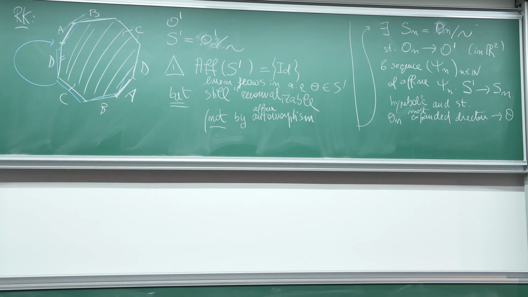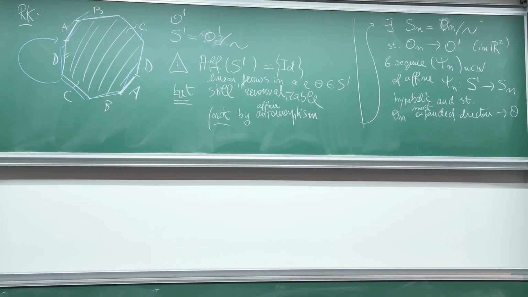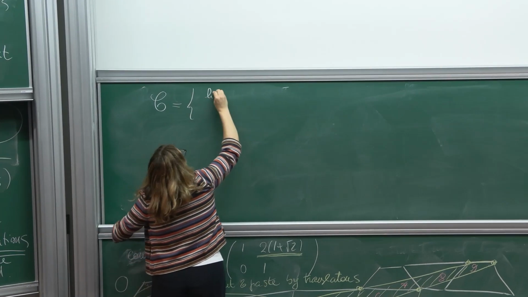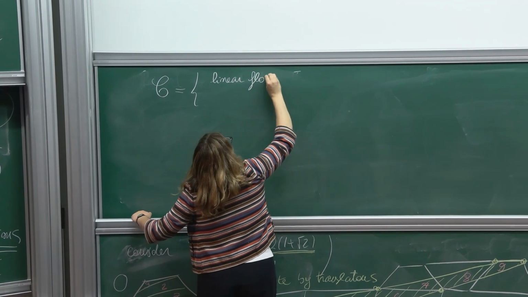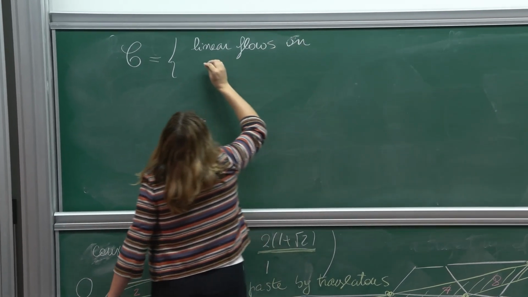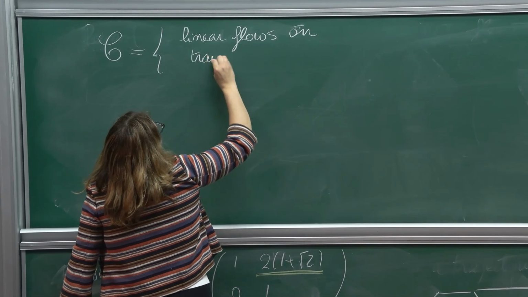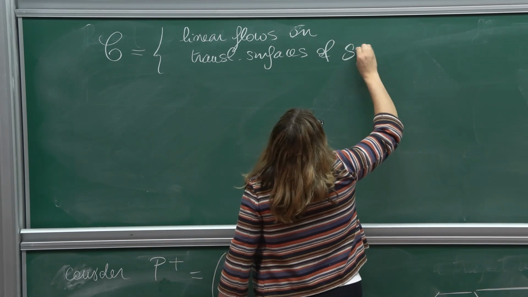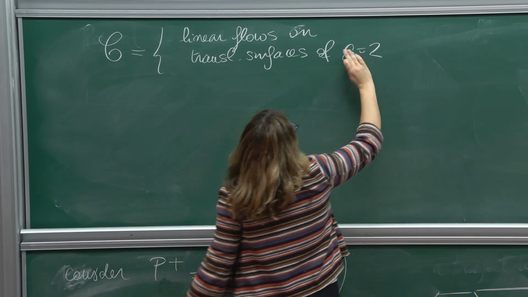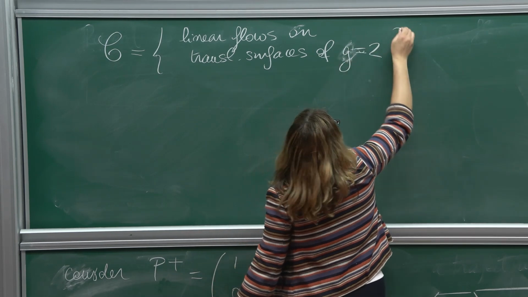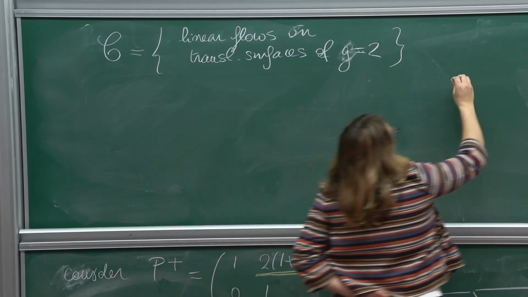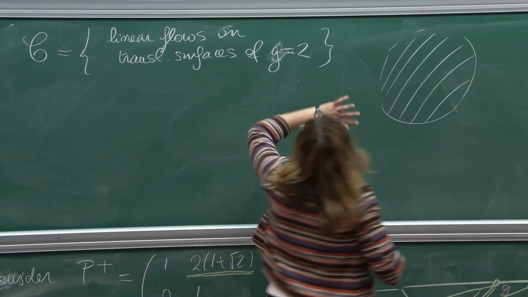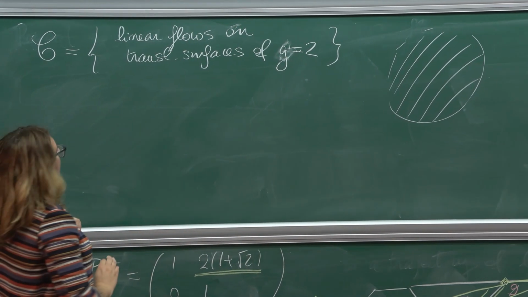OK. So what you can do, as a class of dynamical systems, you can look at all linear flows on translation surfaces of genus 2. I'm lying a bit; maybe I should also say with a unique saddle, but let me not do it now. Those are all given by some irregular octagon with opposite parallel sides.